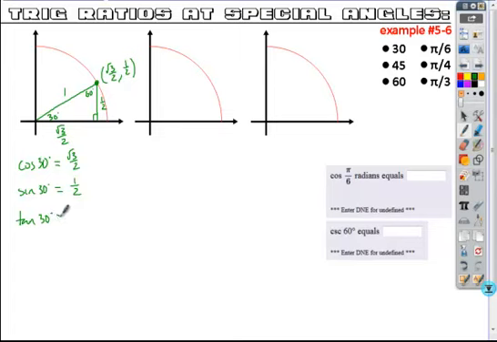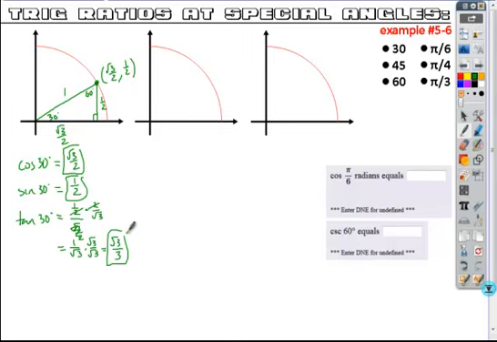And the tangent is the sine over cosine, so 1/2 over root 3 over 2. When you divide by a fraction, it's like multiplying by the reciprocal, so dividing by root 3 over 2 is like multiplying by 2 over root 3. The 2's cancel. I get 1 over root 3, which when I rationalize is equal to root 3 over 3.